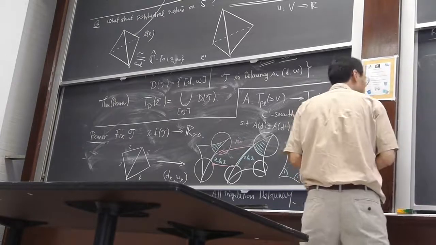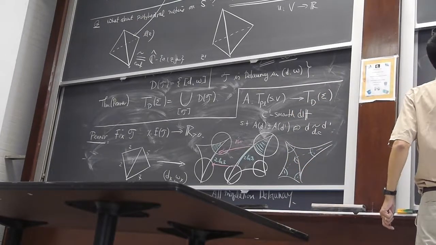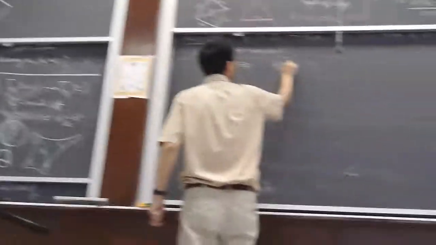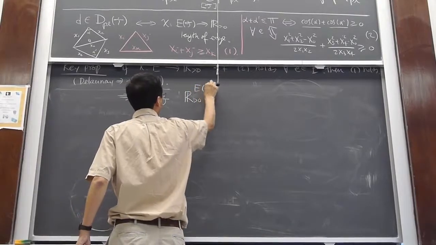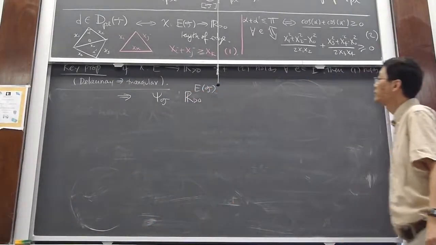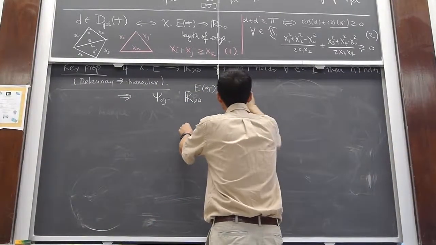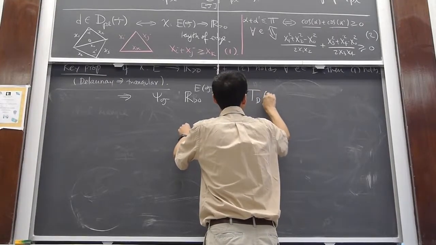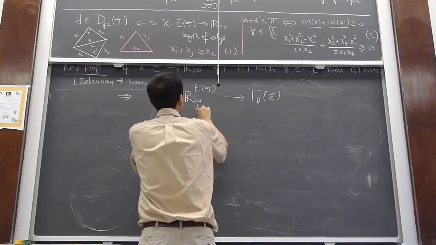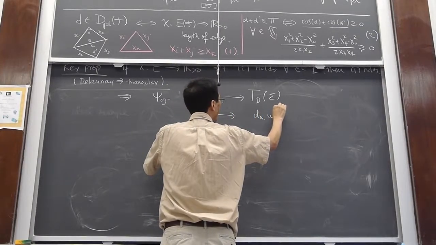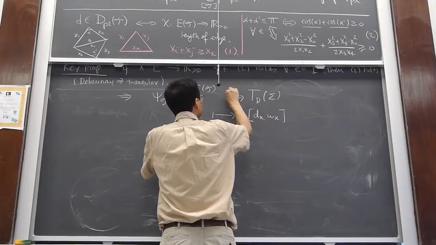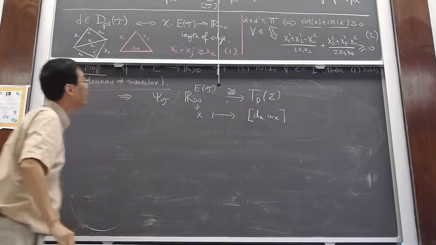That's Penner's coordinate. So this tells me that I have a map from the set of positive assignments on the edges to the decorated Teichmüller space, sending this x to d(x). This is a different map.